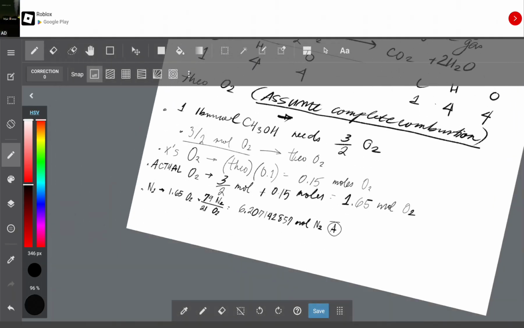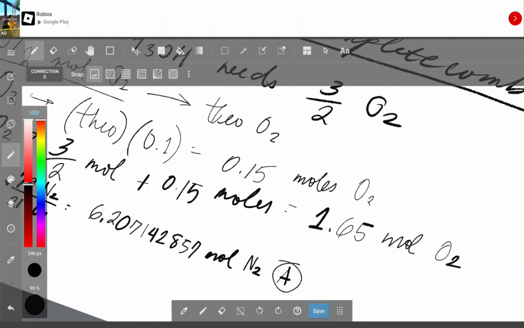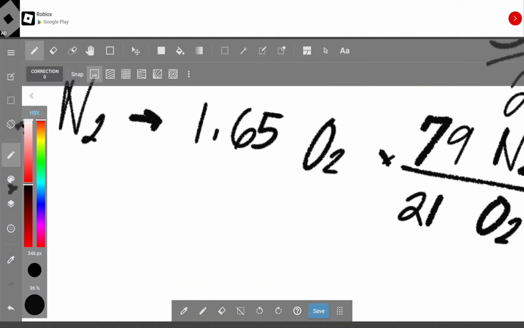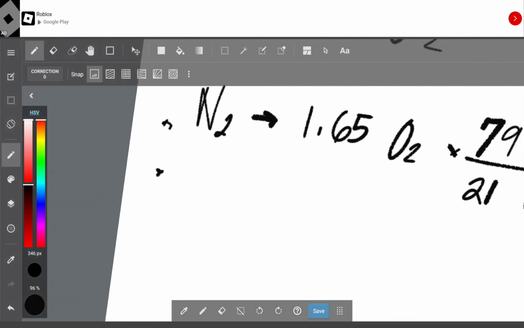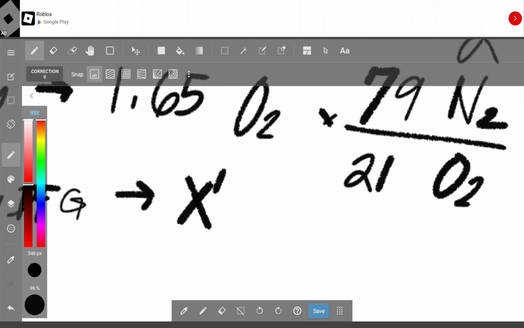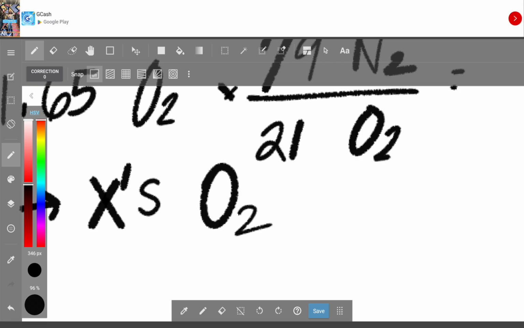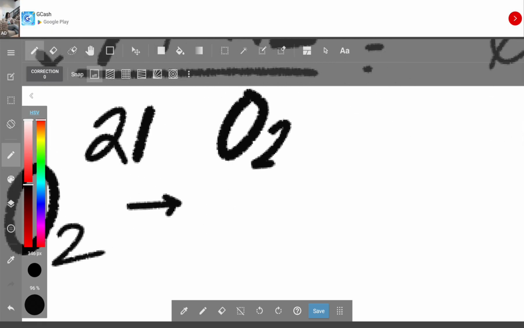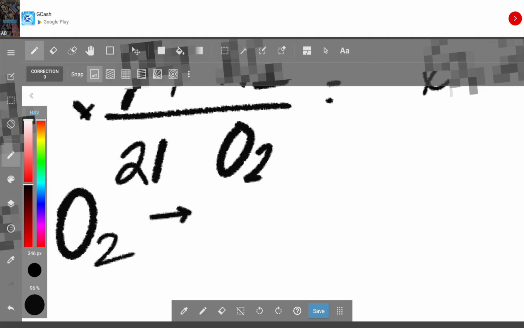Okay, so we have O2 in the DFG. Why? Because this is a complete combustion problem, and in complete combustion, the O2 in the dry flue gas is just equal to the excess O2 fed into the furnace. However, in incomplete combustion, you need to account for the free oxygen, which is the moles of H2 divided by 2 plus the moles of CO that was produced divided by 2.